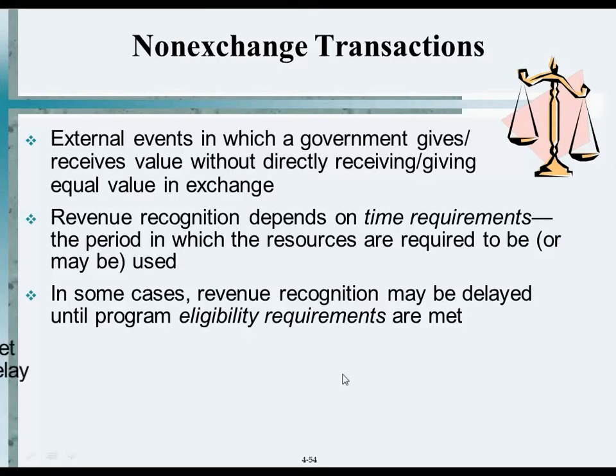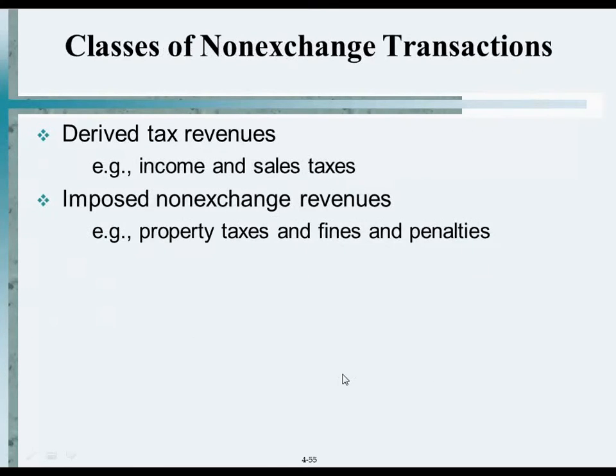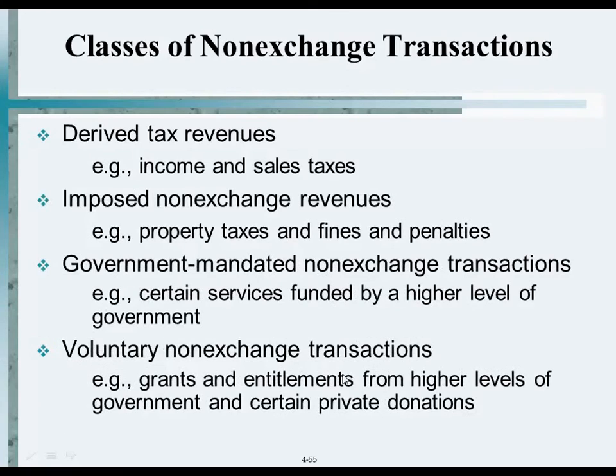Let me give you more specifically the example of how this works. At the end of the chapter, there's an appendix, which is not easy reading, but you have to understand it. In that appendix, these are the 4 types of non-exchange transactions that you will see.